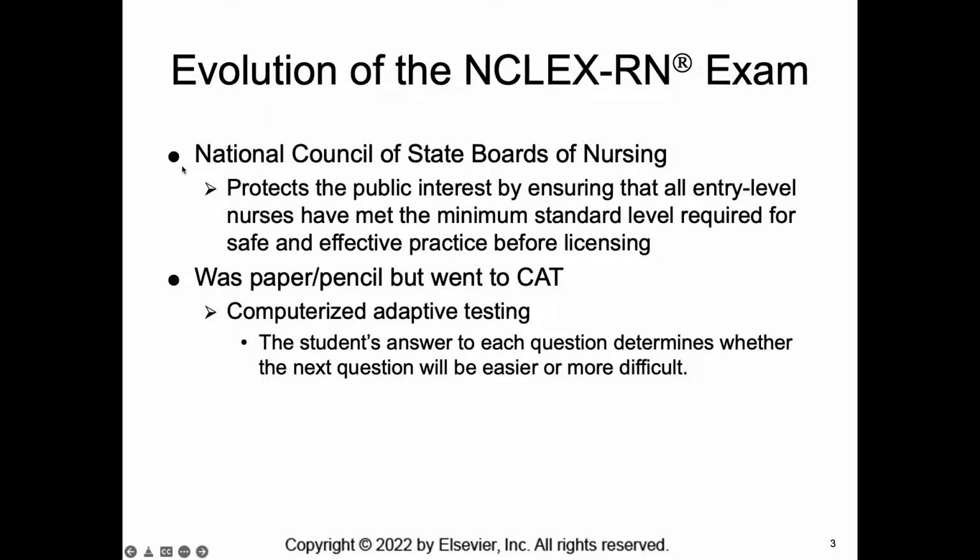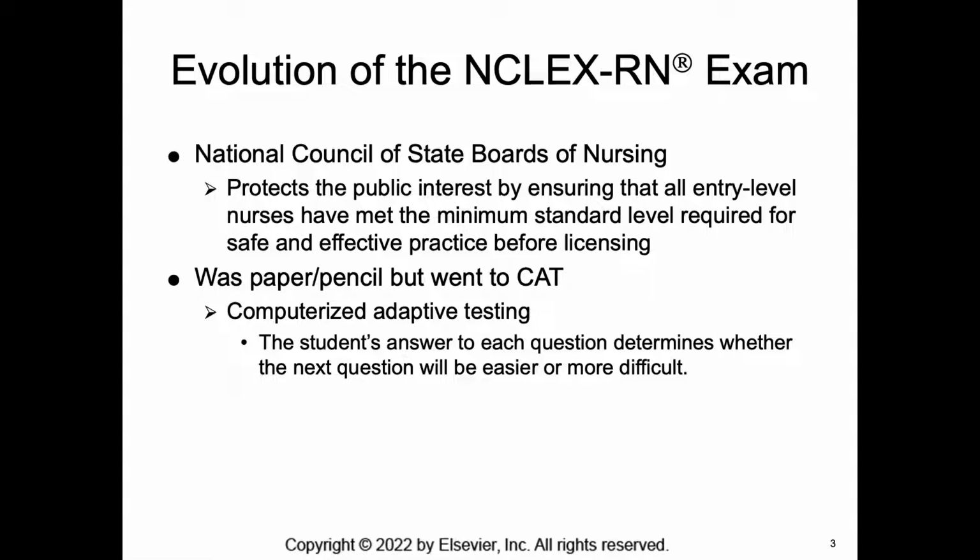So the NCLEX RN stands for the National Council of State Boards of Nursing. So their scope and practice is to protect any public interest by ensuring that all entry-level nurses have met the minimum standard level required for safe and effective practice before licensing.